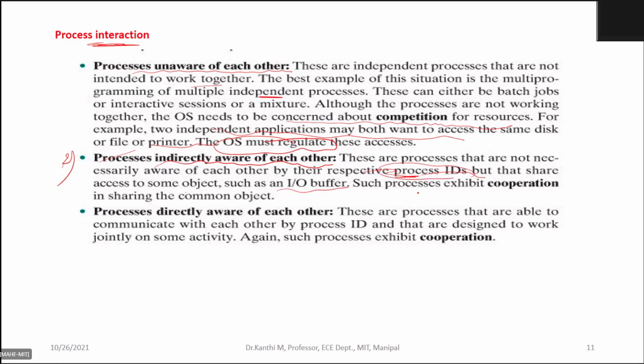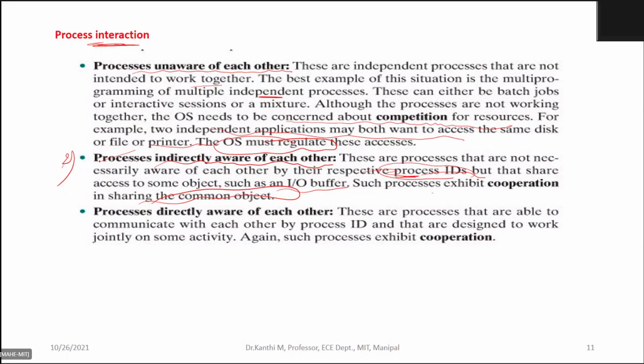Such processes exhibit cooperation in sharing the common object. They are not directly knowing each other, but through some object they know each other. Okay, that is the situation of having concurrency.